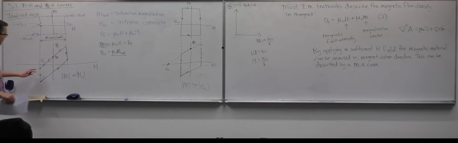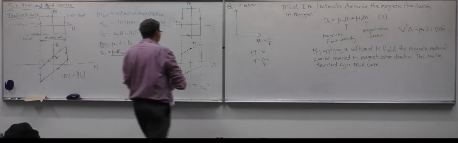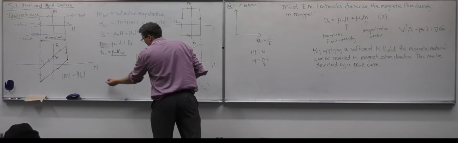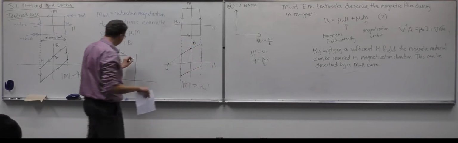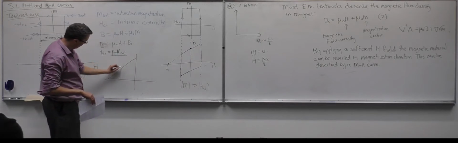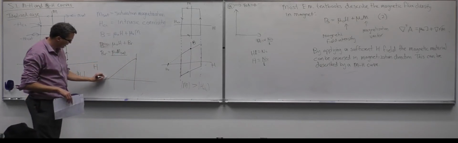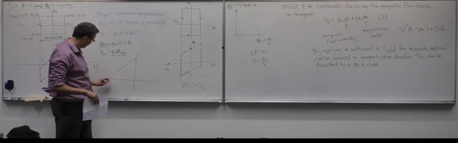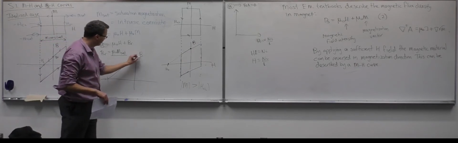So ideally we would like it to be linear, and you'll see why that is more clearly later. We would like this to be linear all the way along till we hit the B equals 0 line.